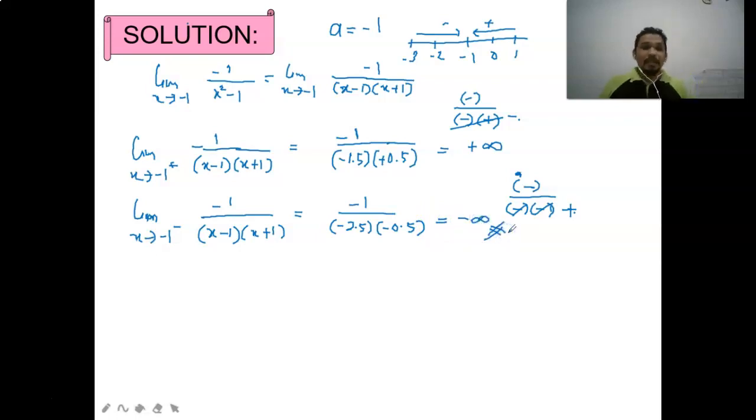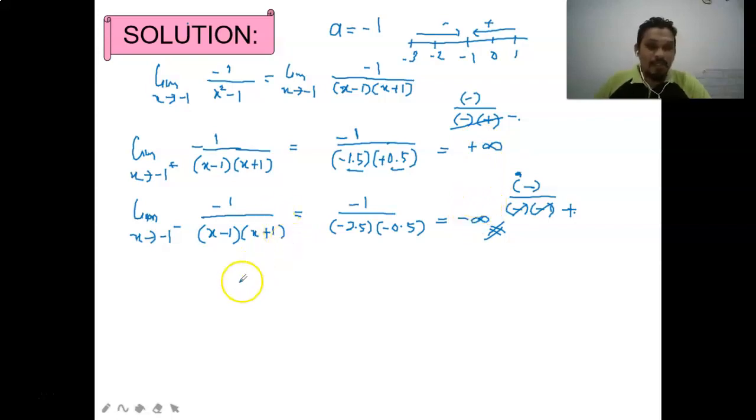We are not actually getting the values of 1.5 or 0.5 here. We just look at the behavior, the sign of the real numbers, whether positive or negative. So we get positive infinity and also negative infinity.